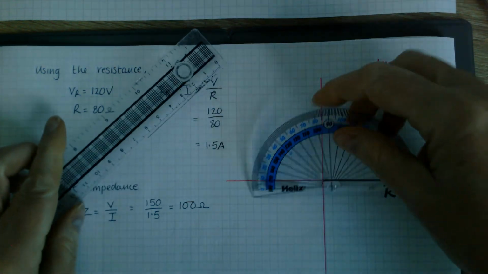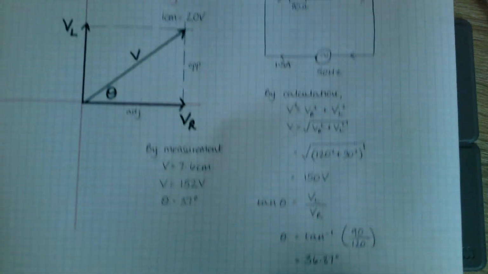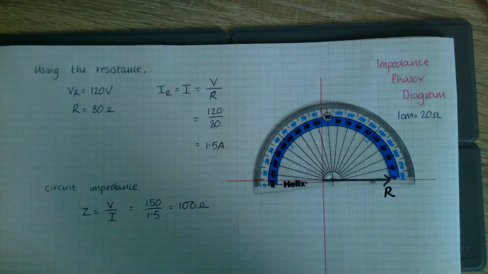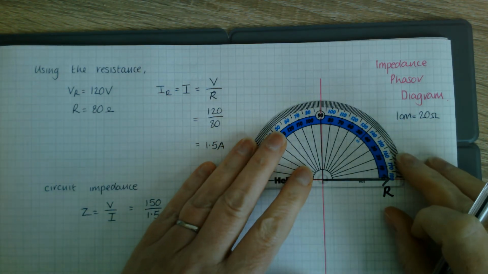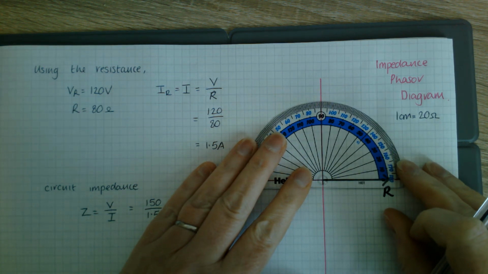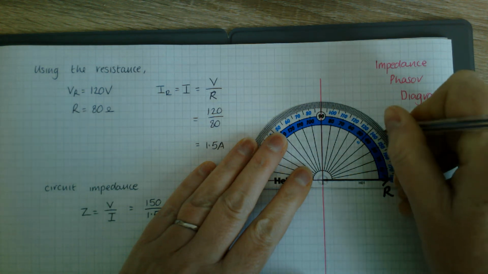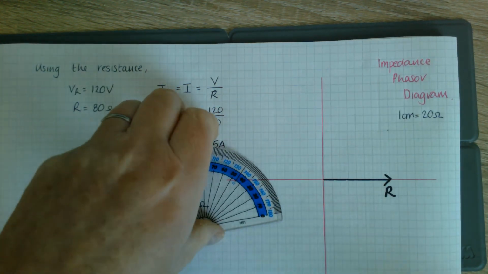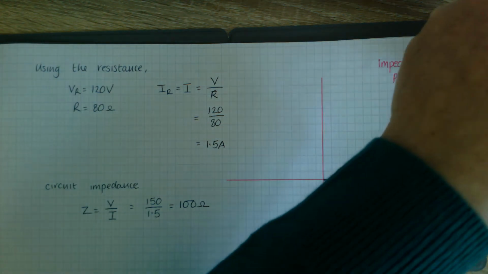I don't know the size of my XL yet. I do know my circuit phase angle. I worked that out on this previous sheet, to be 36.87. So I'm going to do my best to mark out 36.87. I think it's about there. And I also know the value of my circuit impedance is 100 ohms, so that would be 5 centimetres.